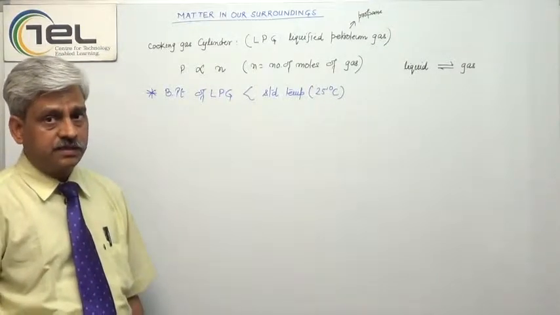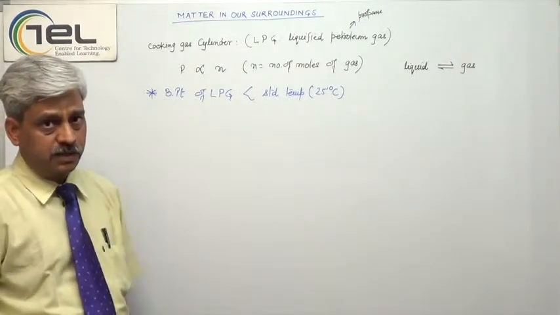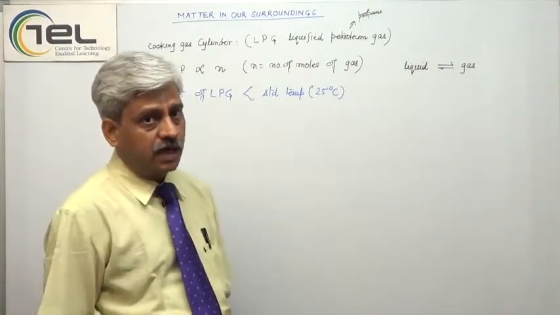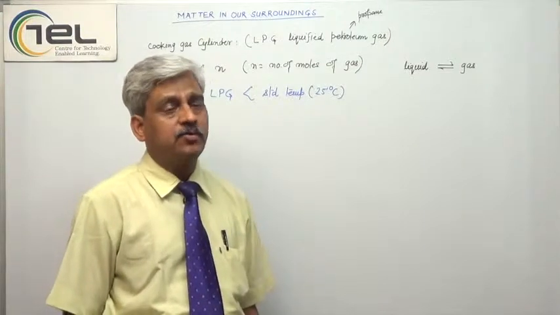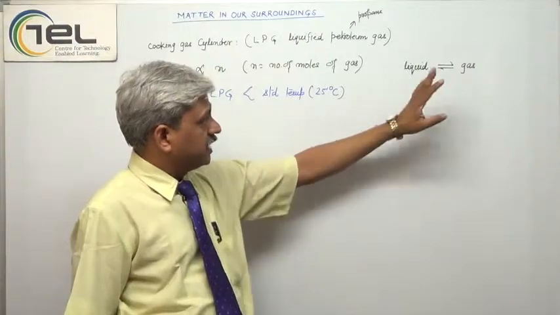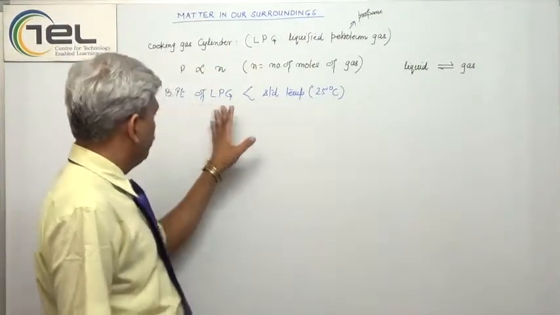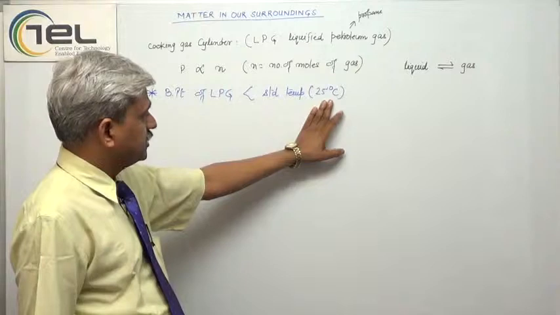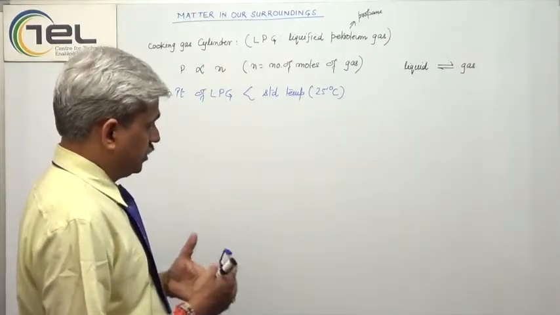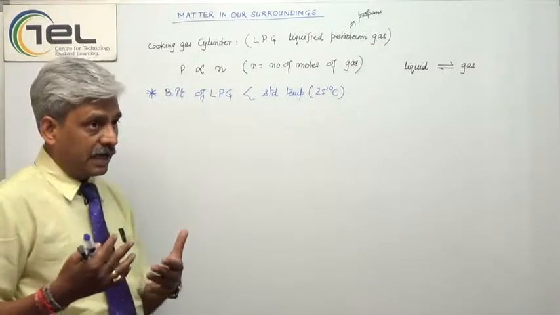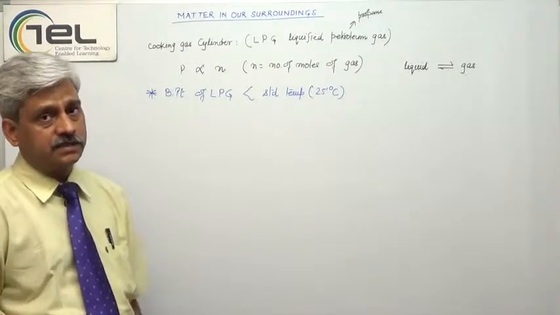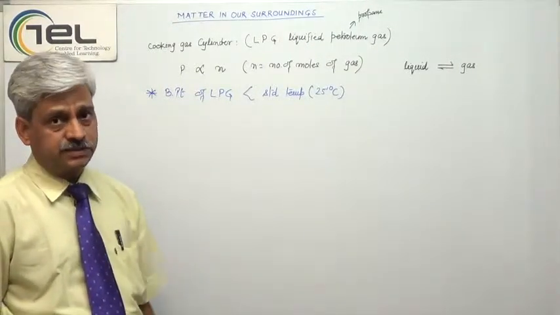That is why we get a similar kind of pressure from the gas cylinder until it becomes quite low. Liquefied gas and the gas are in equilibrium because the boiling point of LPG is less than this temperature. Because of this we are capable of using almost the whole of the gas which we have purchased.